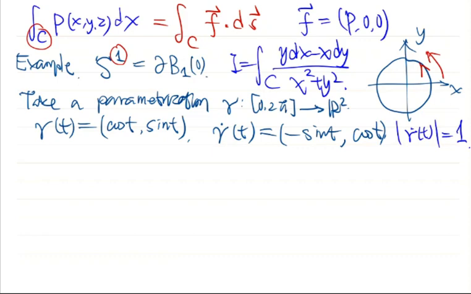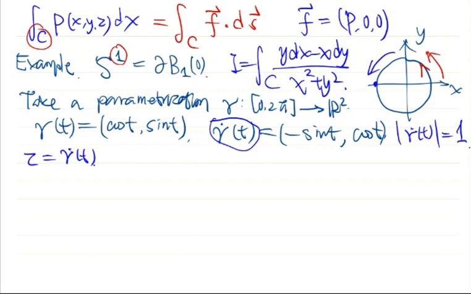And we note also that this tangent vector is consistent with the orientation. This is a unit tangent vector. Therefore, our tau can be taken as this, because this vector is consistent with the orientation. Why is it consistent? Because our orientation is anti-clockwise.